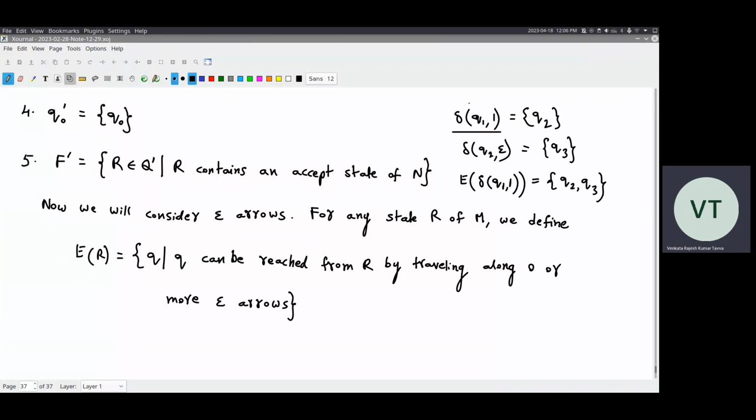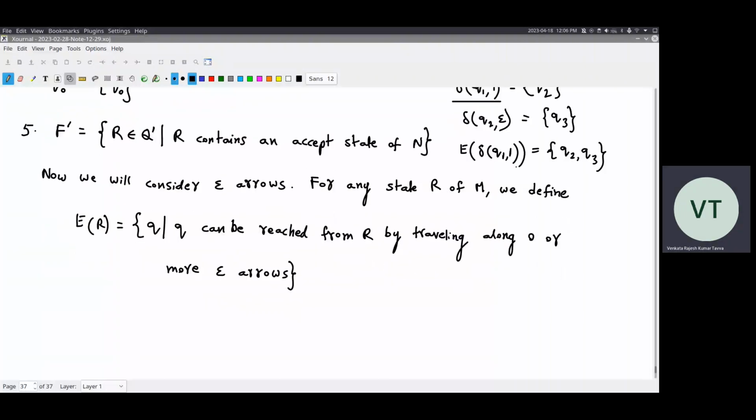Okay, so if you are given only delta, whether the input is 1 or epsilon or whatever it is, you write only the immediate output. But if you are asked for E of delta, this entire thing, then you include epsilon outputs also, states which are connected using epsilon arrows also. Okay, so we'll see this.